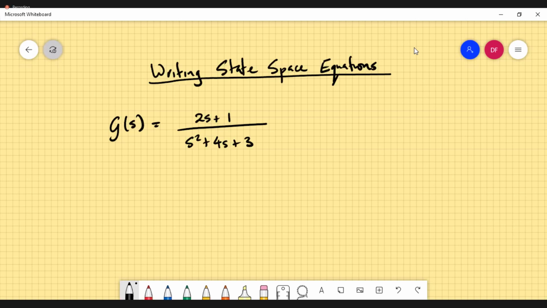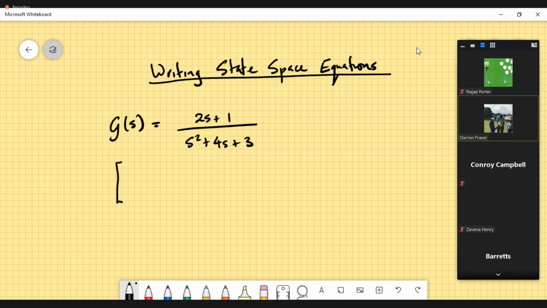We won't be going back through writing the state space equation for a differential equation. What we want to do is just be able to look at this and write down the state space equation.